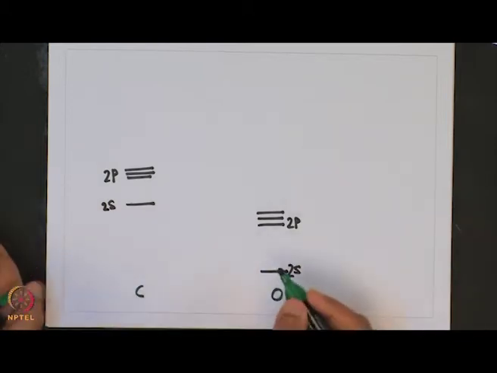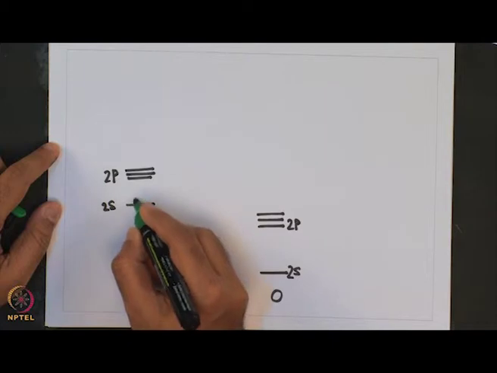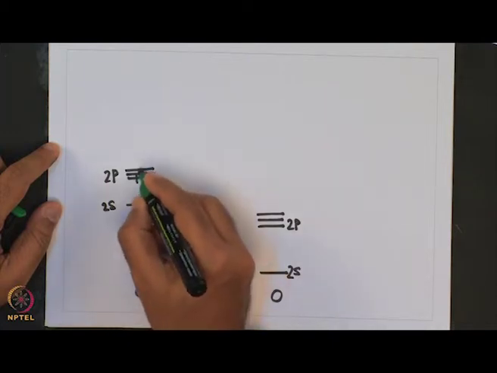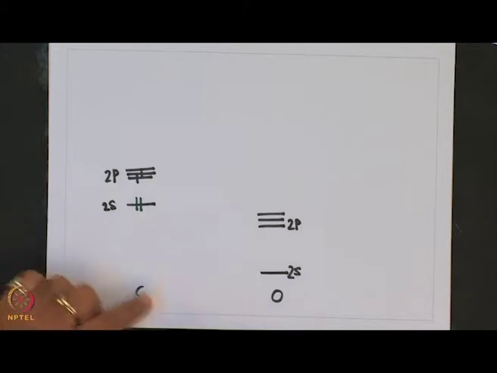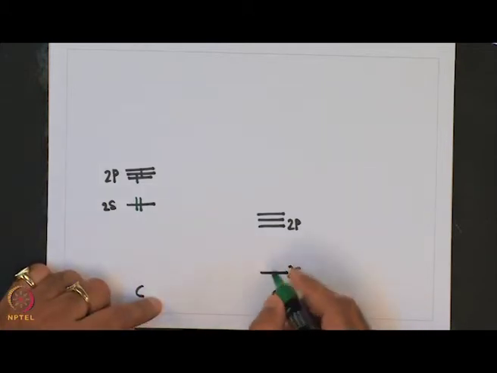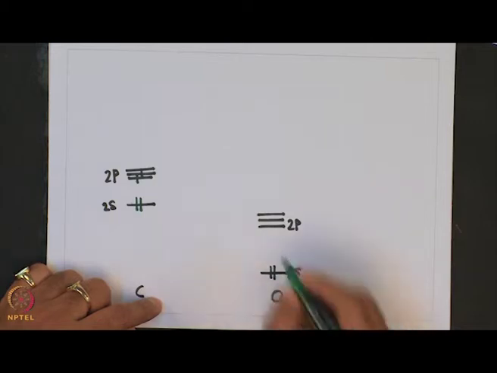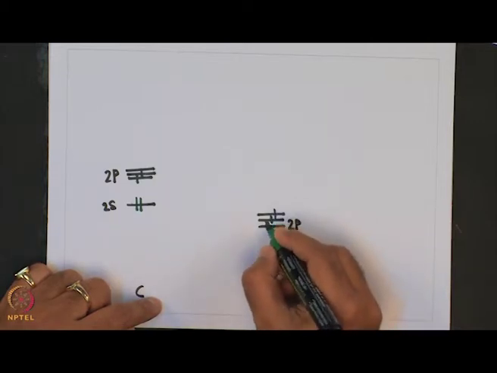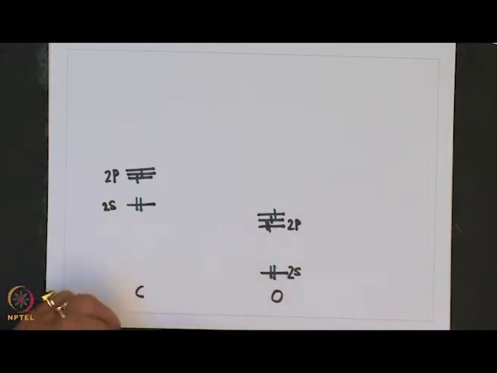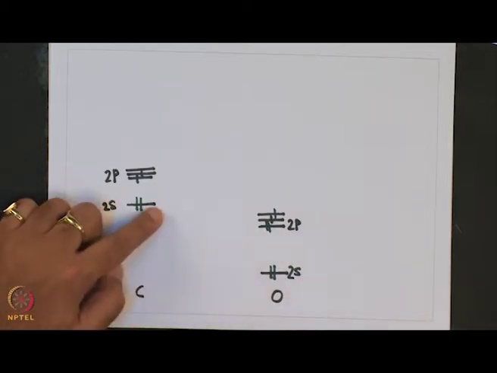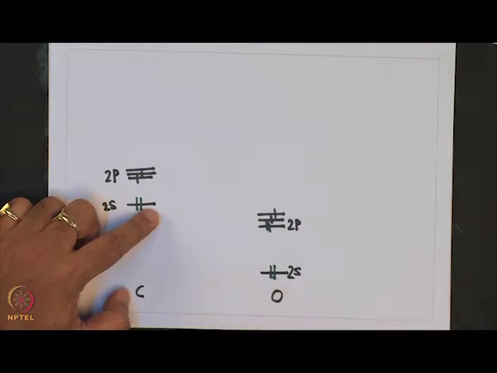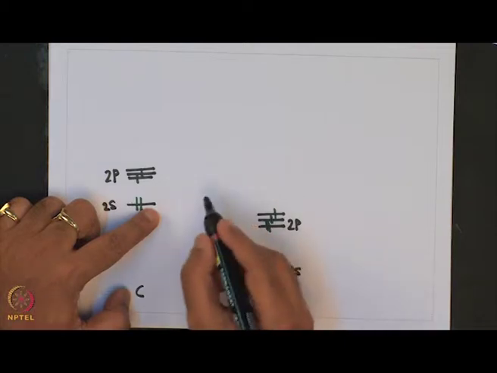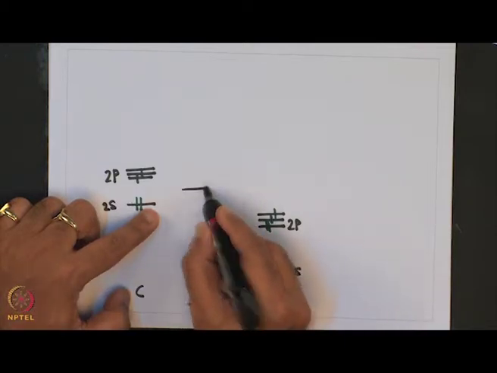Carbon has a p2 configuration. So, there are 2 electrons on the p and the s is full. Oxygen has p4. So, there are 4 in the p and 2 in the s on the oxygen, and the s of carbon interacts with the s of oxygen to give a sigma bonding interaction as well as a sigma star interaction.